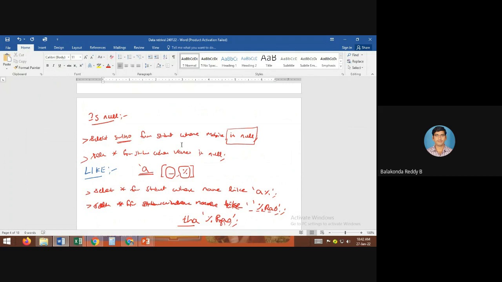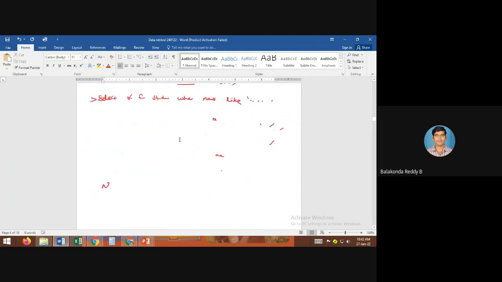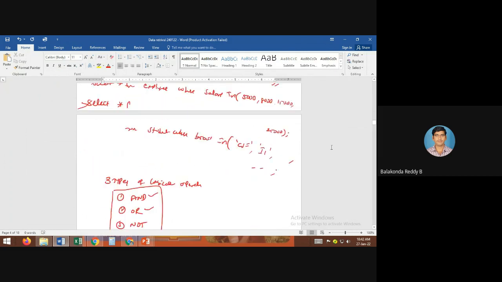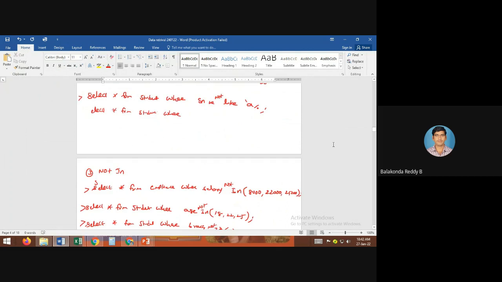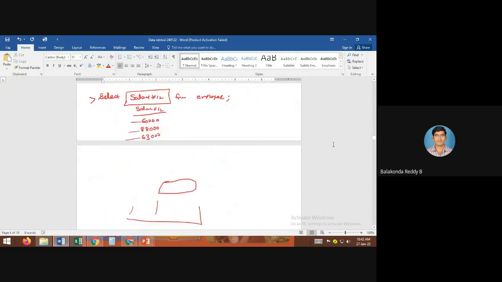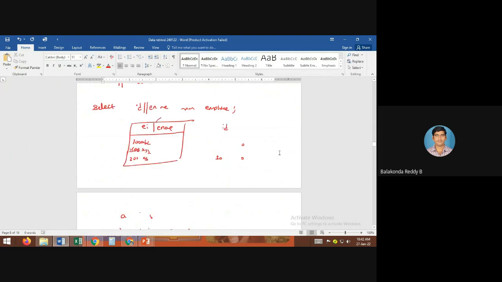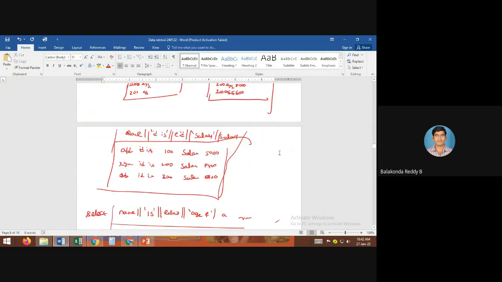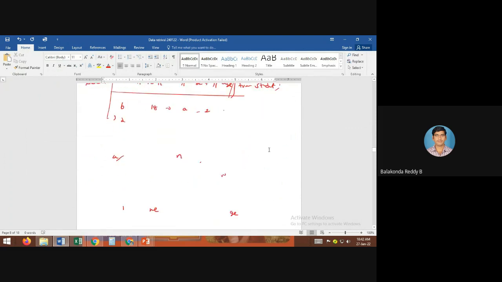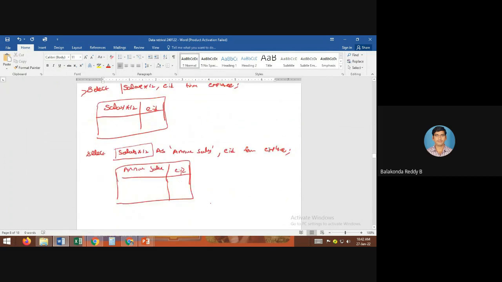Suppose a total of 5,000 employees are in the employee table, and I would like to find the average salary of the CSE department. This type of queries we implement using aggregate functions.